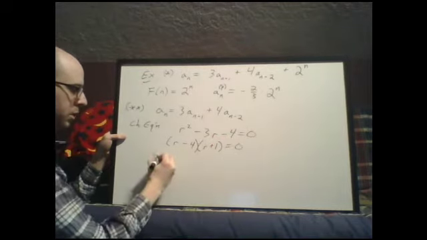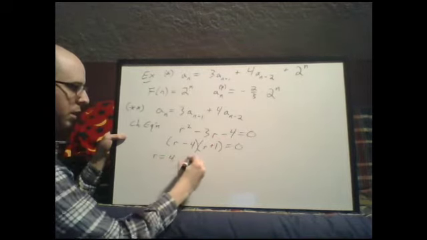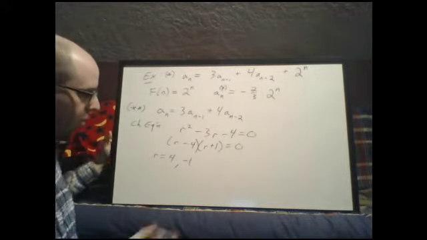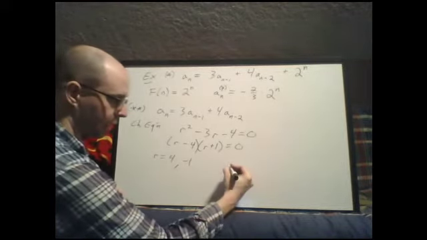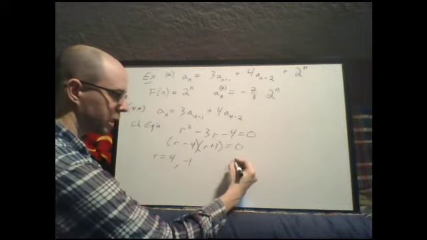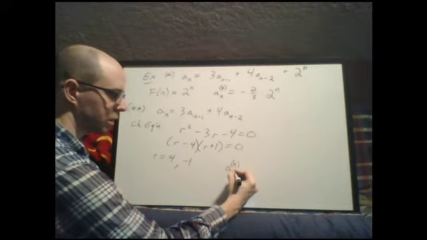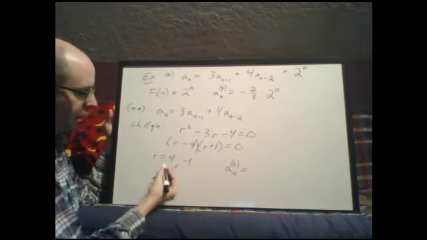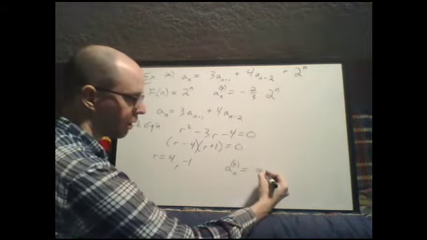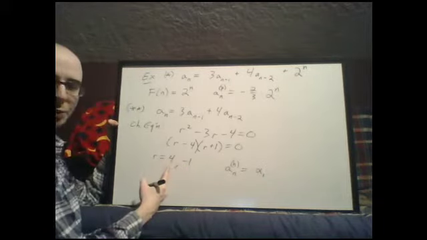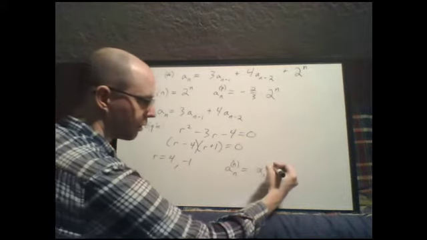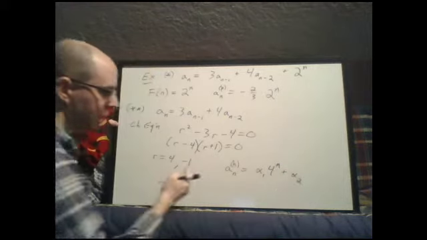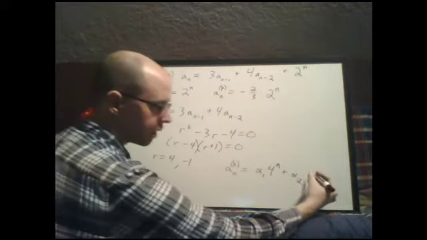So my roots are 4 and minus 1. So from last time, that gives us our homogeneous solution. AHN is going to be of the form alpha 1 times one of these roots to the nth power plus alpha 2 times the other of the two roots to the nth power.